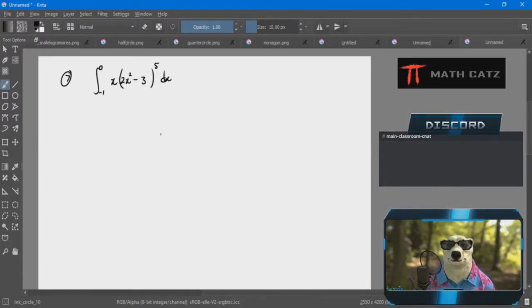All right. Now, pretending these numbers aren't here for a second, what kind of situation am I in? Yep, I'm in a substitution situation because I have a function of a function.